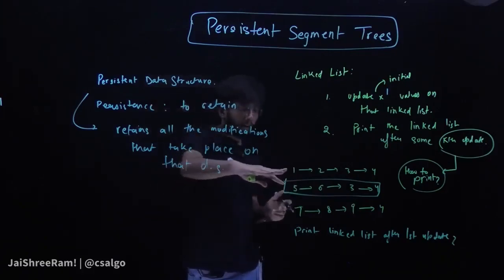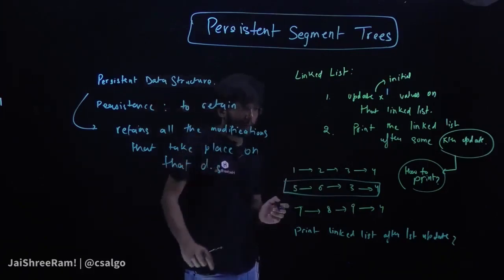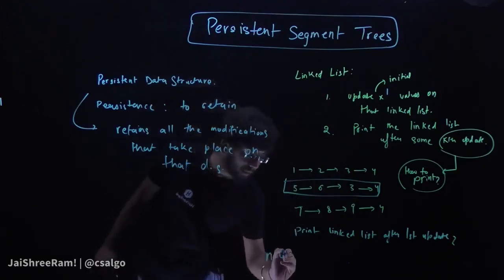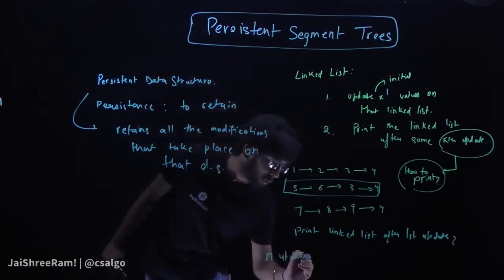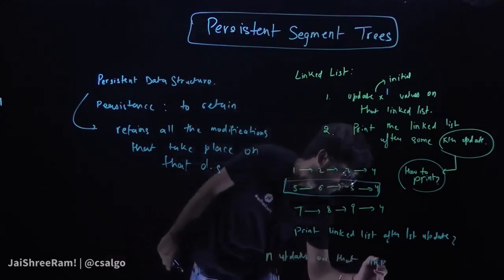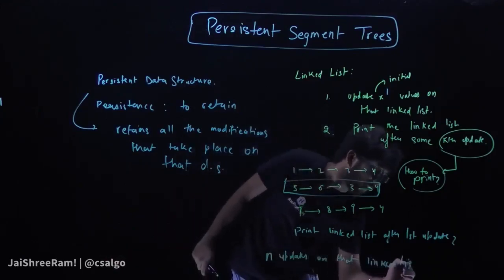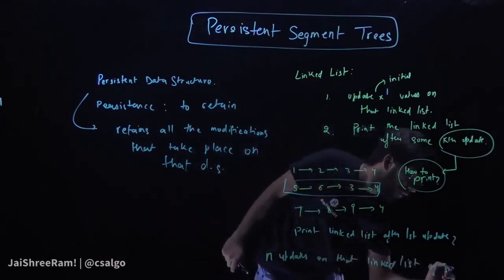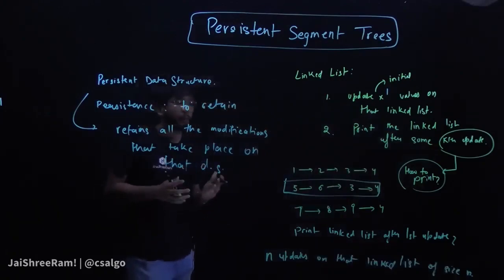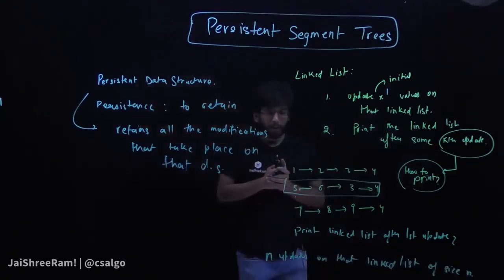Because if we construct a new linked list every time, then let's suppose we have n updates on that linked list of size n. So can you guess the complexity of this whole thing?